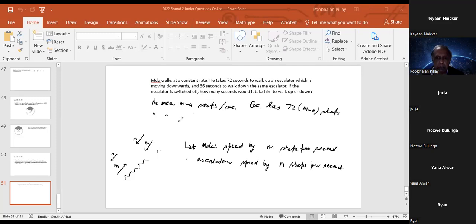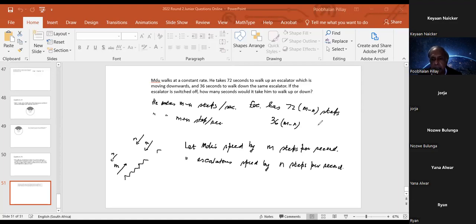So his downward speed is really m plus n. Right? And this time it takes 36 seconds to go from top to bottom. Right? And again, this gives you the number of steps in the escalator.